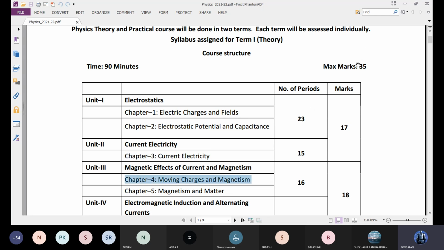Not 35 marks, 70 marks, 3 hours. Is it clear? Any doubt? The date of exam I will tell you later, but the exam is in the first week of August.